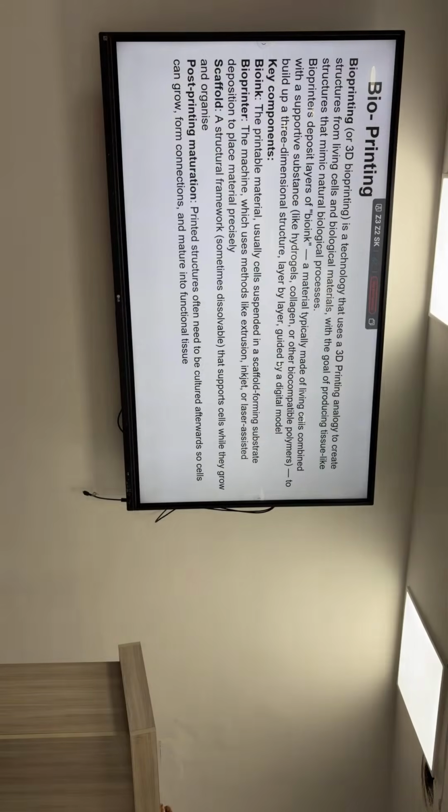Here, what we have is this a bioink. A bioink is a printable material, and it is basically cells, human living cells, and they are suspended in a scaffold forming substrate.